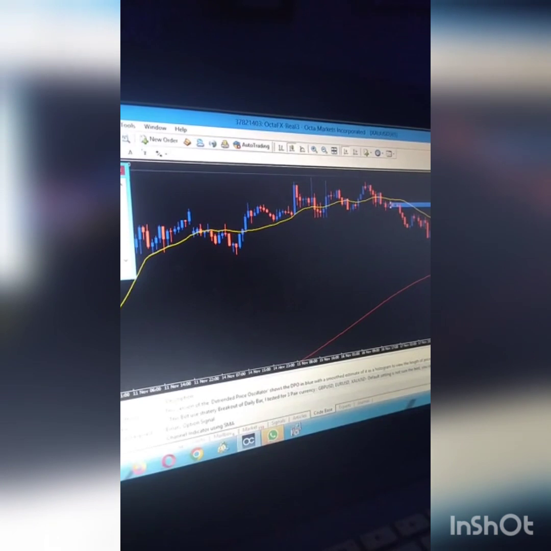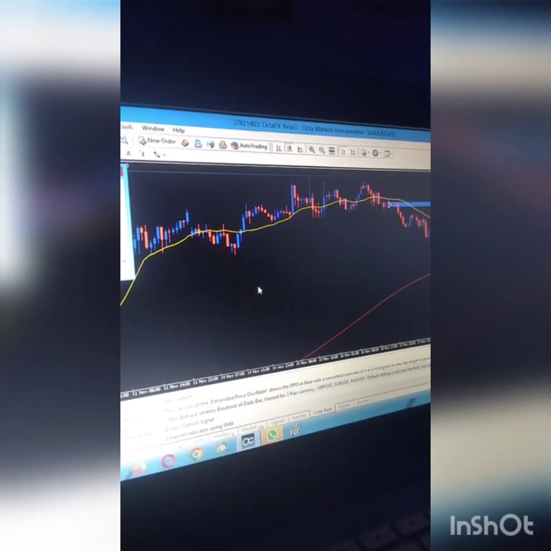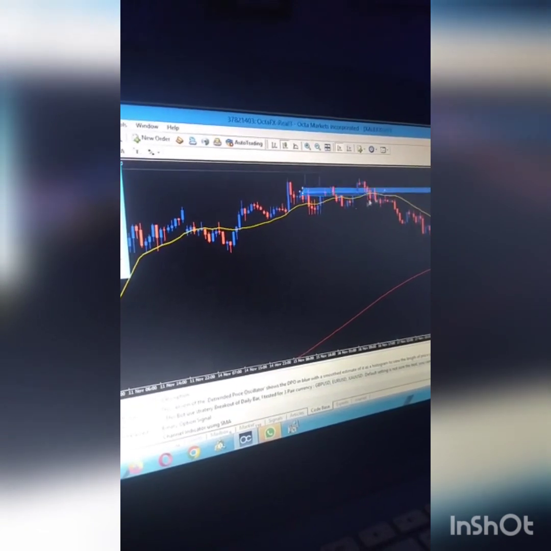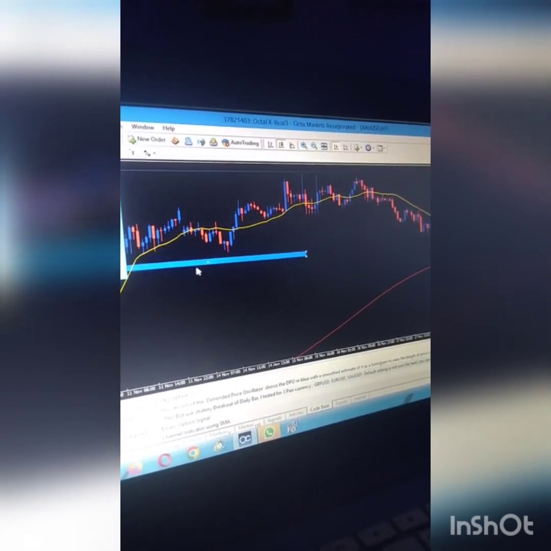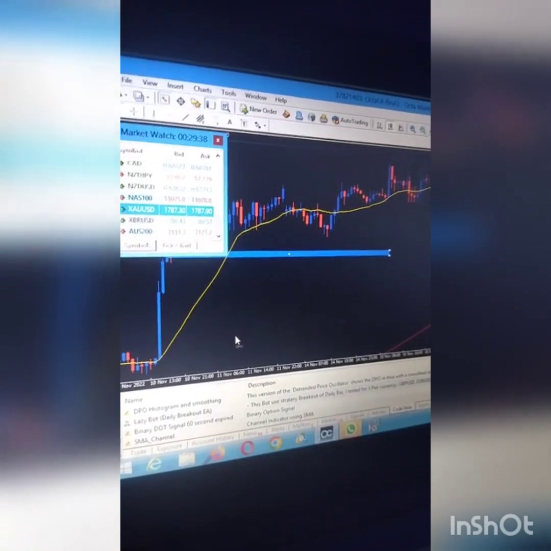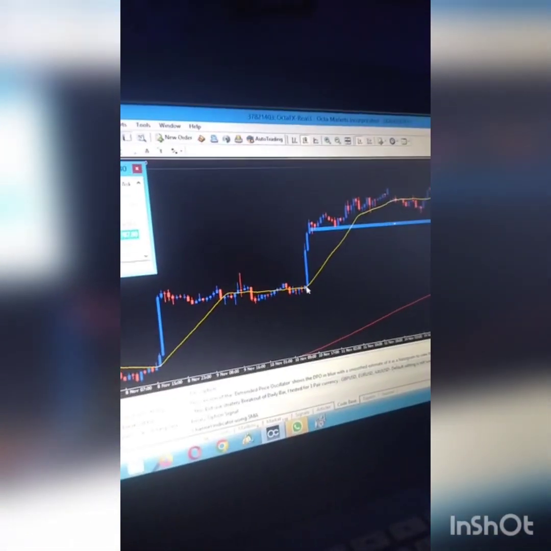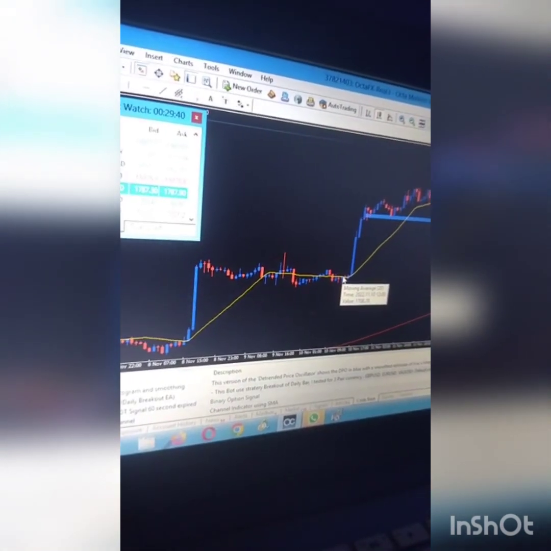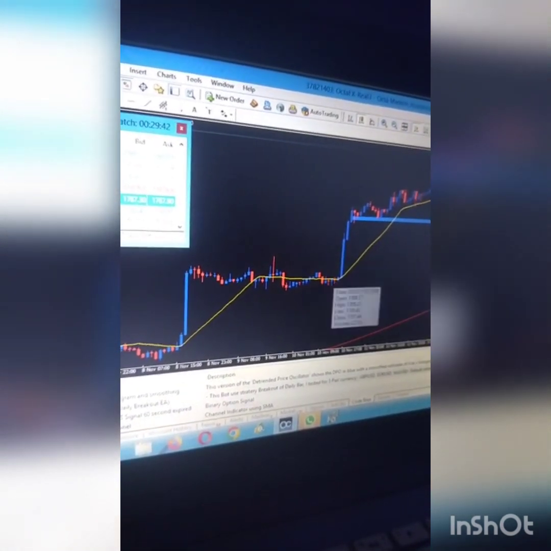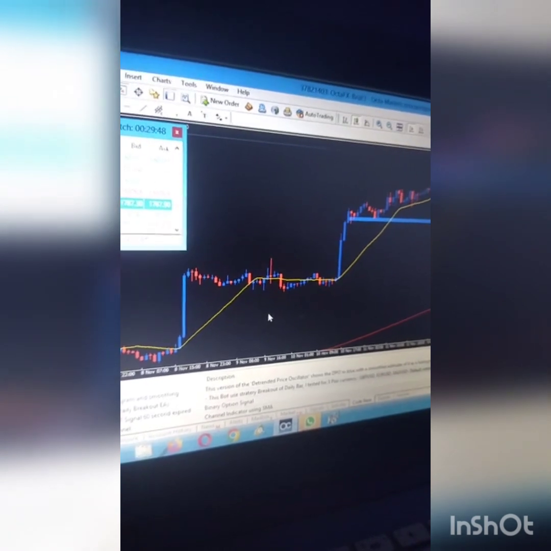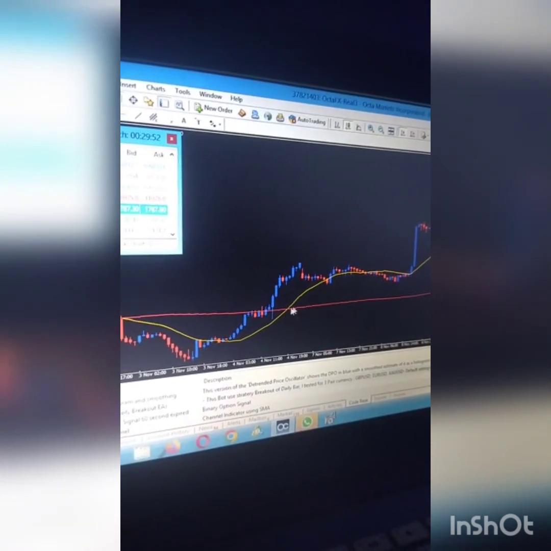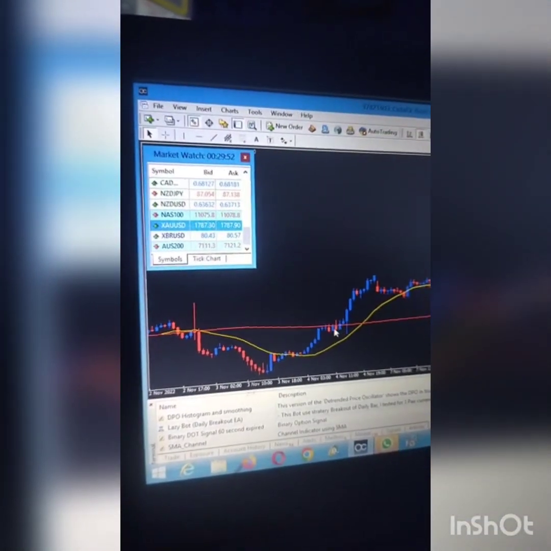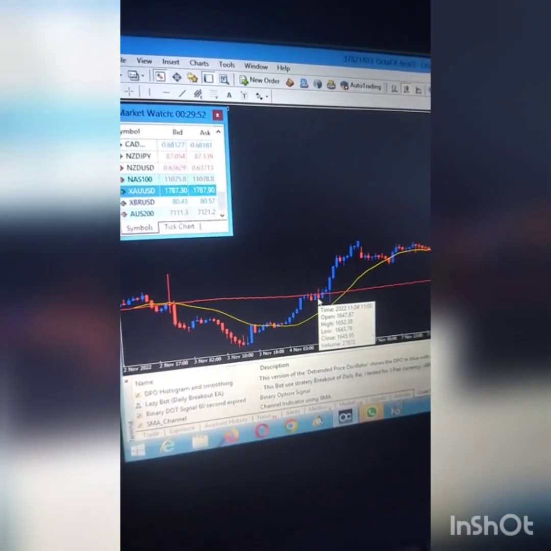Okay, let's try this strong. This is strong. If we look back, price will retest here in the future. This is also strong. Price will also retest here in the future.